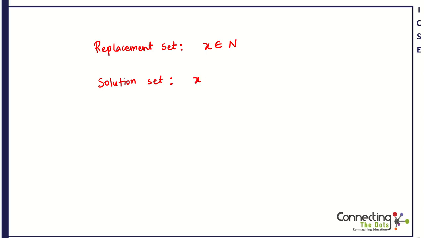And then when I go on and say something like this, or let me choose a different example. When I give a replacement set as natural numbers and an inequation like this, then the solution set becomes the actual values that satisfy the given inequation. And those numbers are selected from the replacement set.